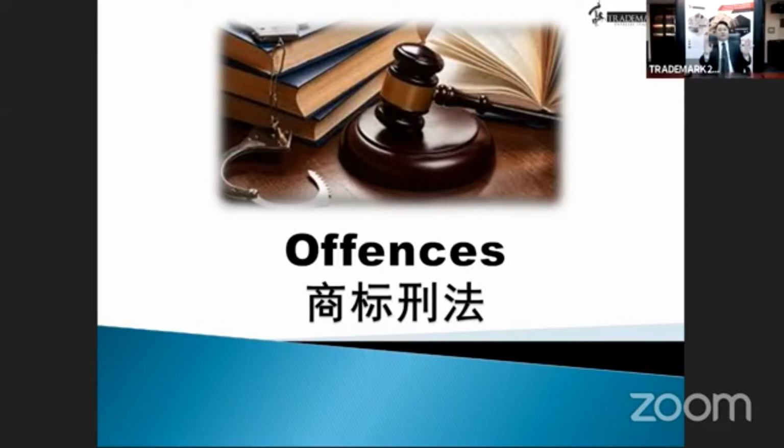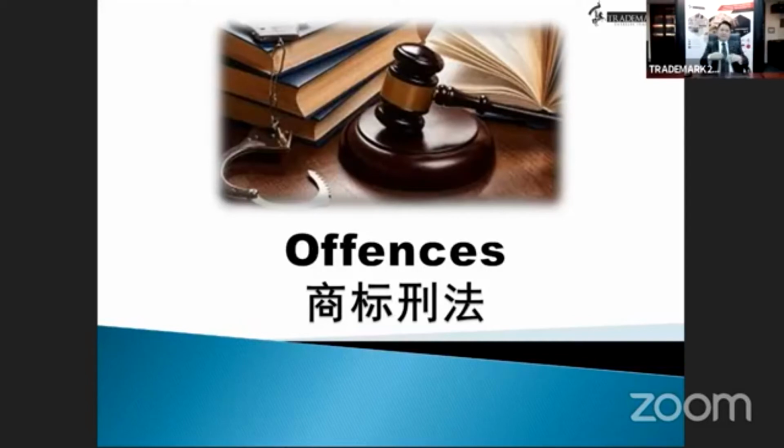When I mention offenses, it means it's criminal, not civil, all right? Under general offenses, and all the enforcement of maybe counterfeiting, all this must be undertaken under the Trade Description Act, we call it the TDA.